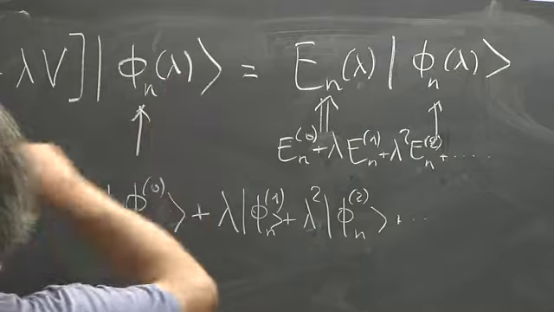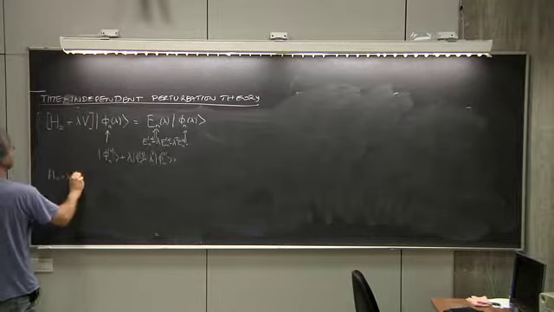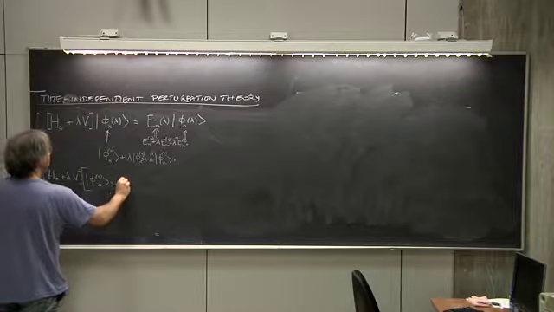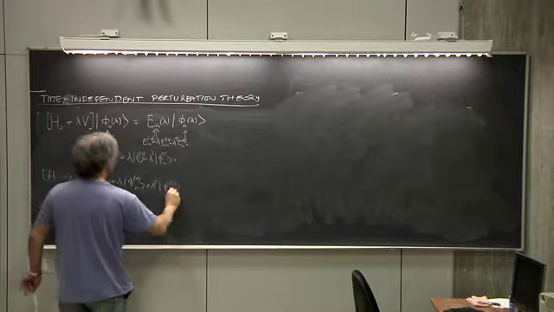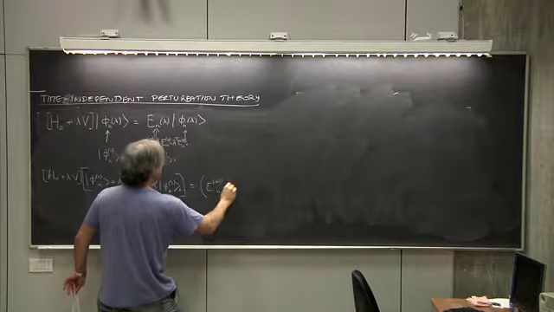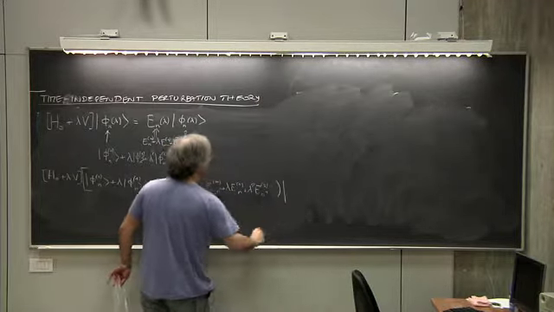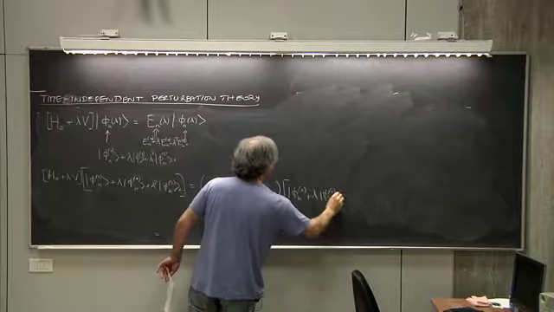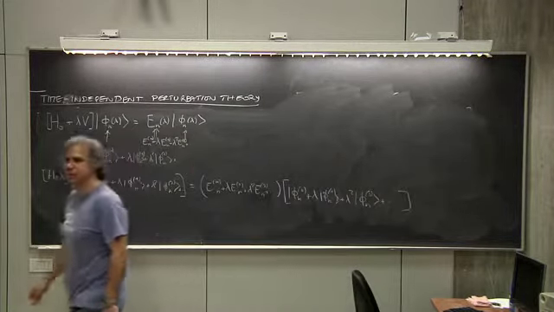So for instance, if you plug into this, you will see immediately that you have (H0 + λV) times (φ0n + λφ1n + λ²φ2n + ...). This should be equal to (E0n + λE1n + λ²E2n + ...) times, again an expansion for the state, (φ0 + λφ1 + λ²φ2 + ...). Okay? I've inserted the expansion everywhere.